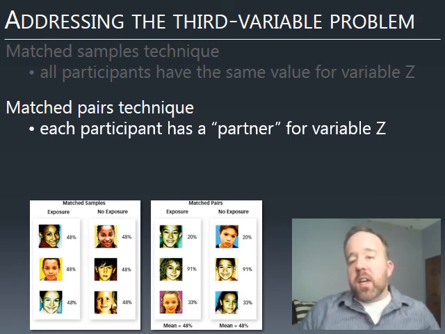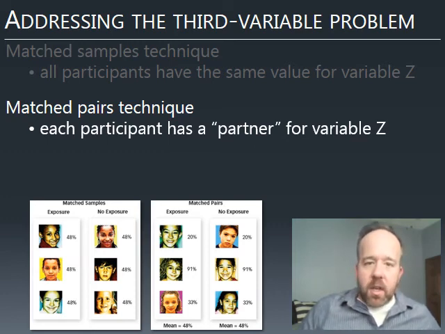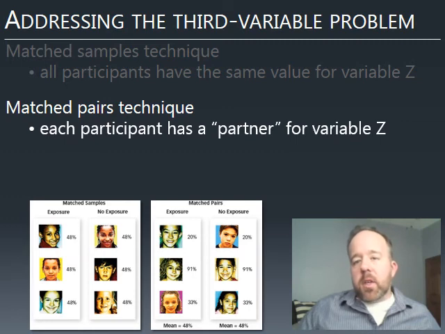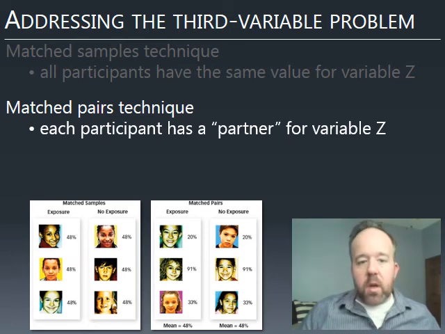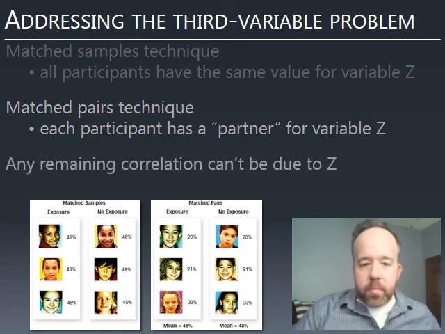So for every person that watches violent TV, there is a counterpart that doesn't, that has the same level of adult supervision. So this way, the average amount of supervision works out to be the same between the two groups. And that's another way of going about it.